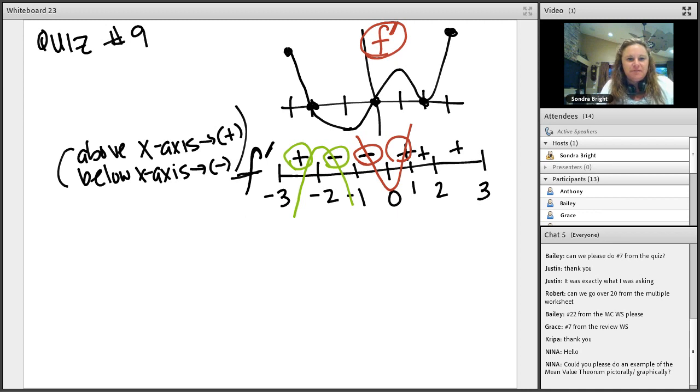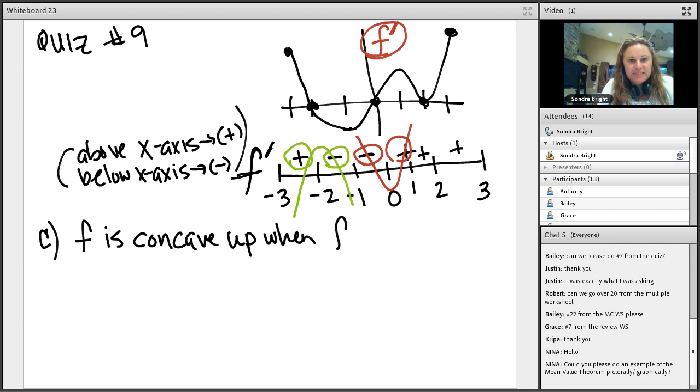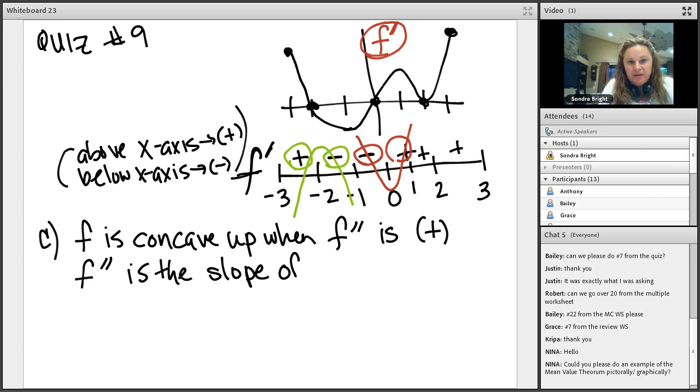Okay, now part C says, where is it concave up? All right, so f is concave up when your second derivative is positive. You were given f prime though, right? Well, f double prime is the slope of f single prime, of the first derivative. So what we want to know is, when is the slope positive of the graph they gave us?